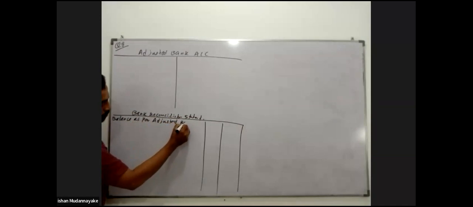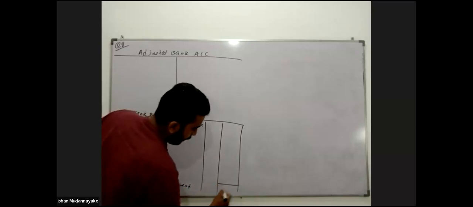Here, balance as per adjusted bank account, and then plus and minus, balance as per bank statement. Balance as per adjusted bank account, balance as per bank statement.